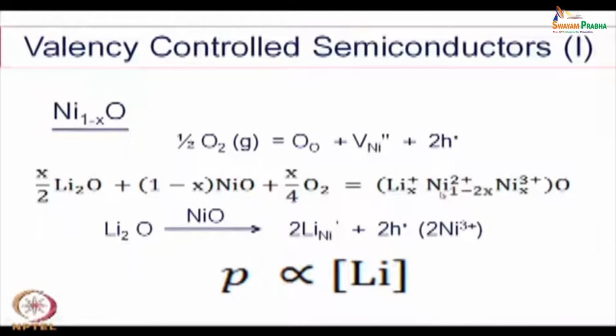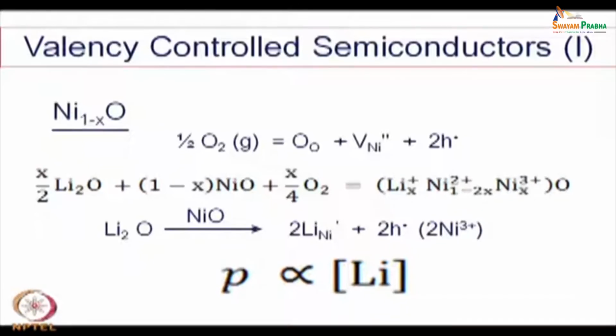and then these are 2 plus. By adding x amount of lithium, x amount of nickel is converted from 2 plus to 3 plus. That is what we call controlling the valency from outside by adding certain aliovalent impurities like lithium.